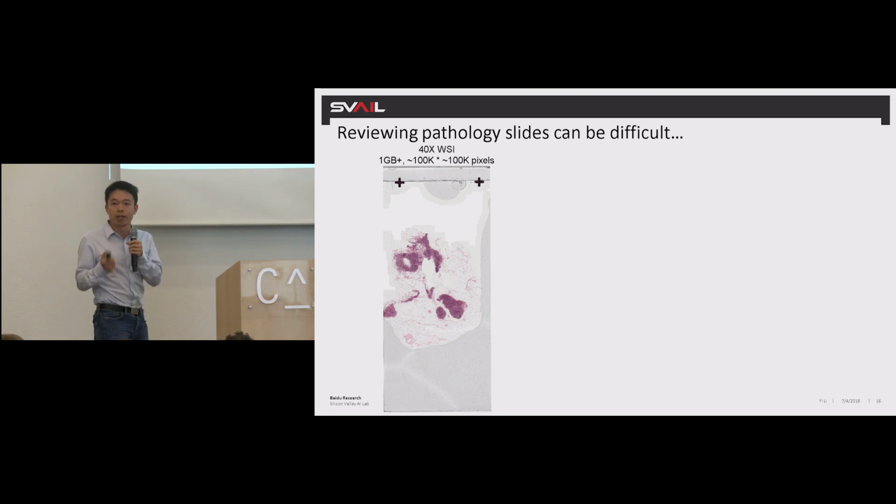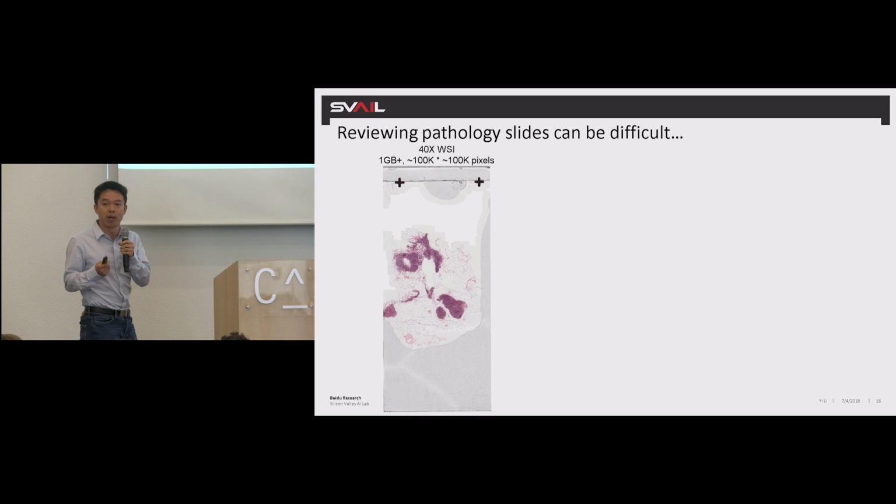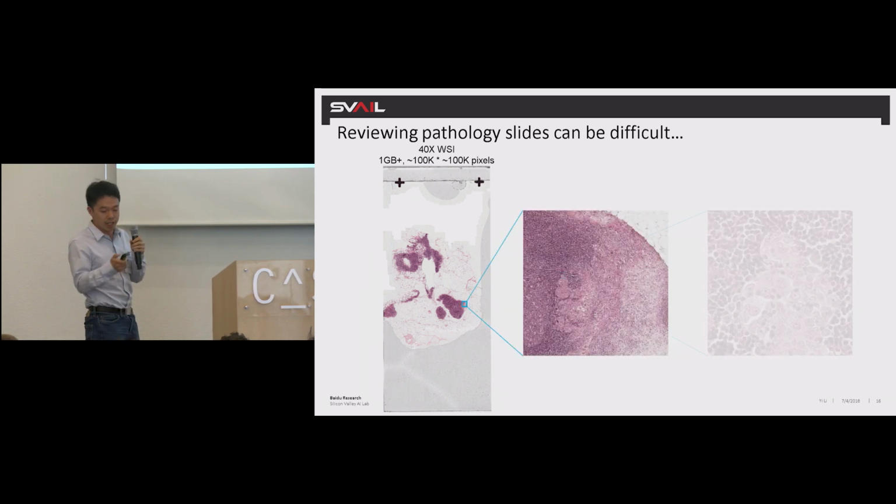For example, a typical digitized pathology slide at 40x microscope is literally taking up 1 gigabyte or even more disk space and is composed of billions of pixels. And this is just an overview of the slides. If you're asking me to find any signs of tumor cells here, I just cannot find it.